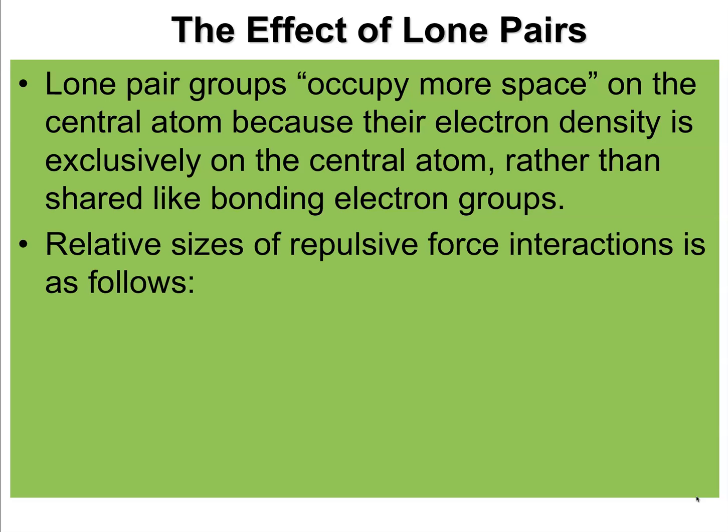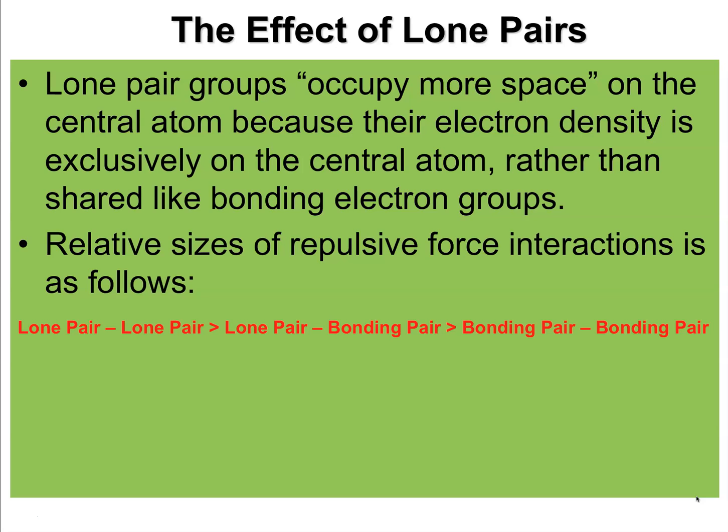If we want to compare repulsive forces, we can look at the following. A lone pair being repelled by another lone pair is a greater repulsion than a lone pair repelling a bonded pair, which again has greater repulsion than a bonded pair repelling another bonded pair.